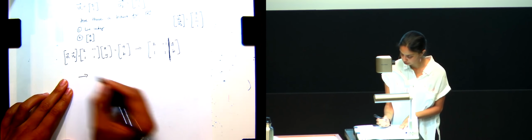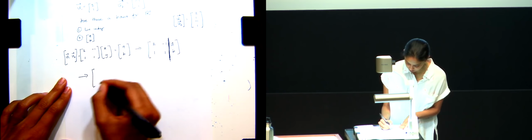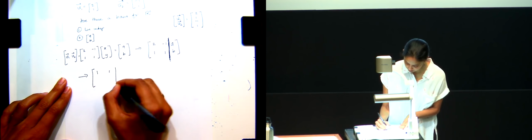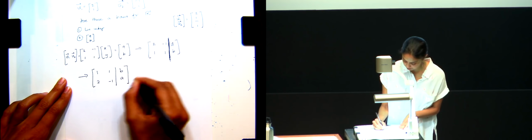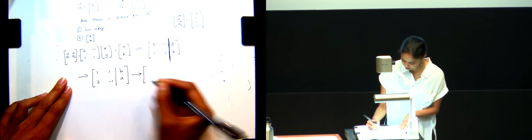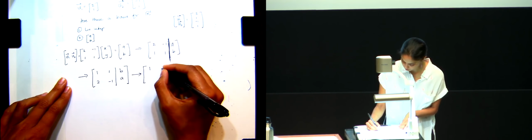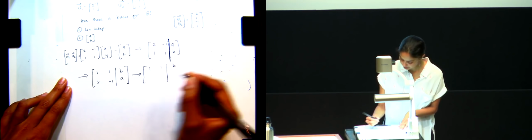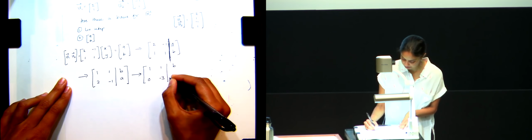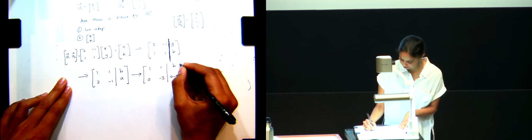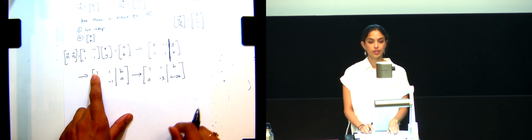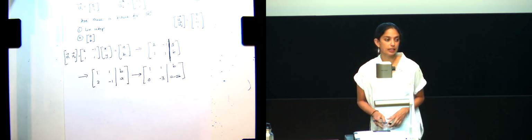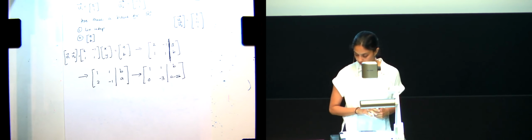And then if I do further Gaussian elimination, I'm just going to swap these rows: 1, 1, b; a, 2, -1. And what this gives me is 1, 1, b; 0, -3, a - 2b. What I'm doing is I'm just taking 2 times row 1 and subtracting it from row 2. Doing it fast because you've seen this a bunch of times now.